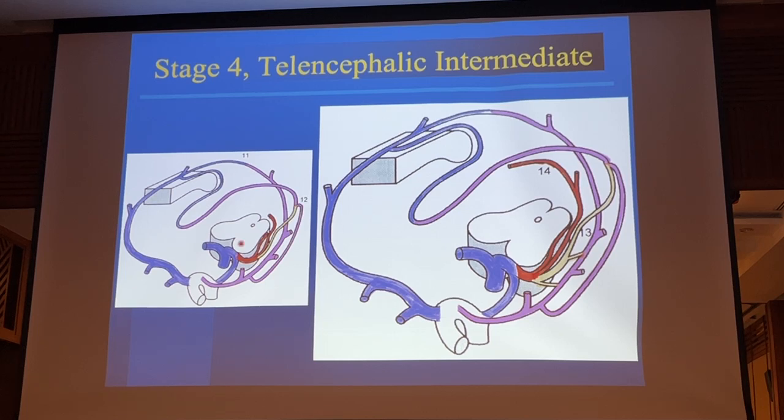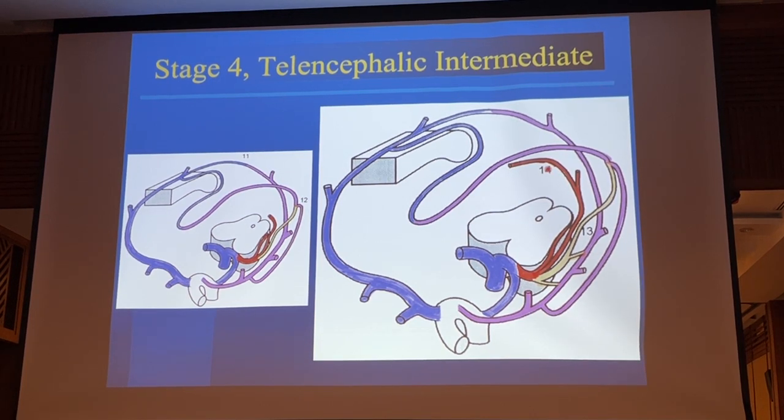Stage 4, you can see the further development of the diencephalic mesencephalic branch. This is eventually becoming the medial posterior choroidal artery. Very good. And the lateral posterior choroidal artery becomes larger, and further connection occurs with the anterior choroidal artery system.